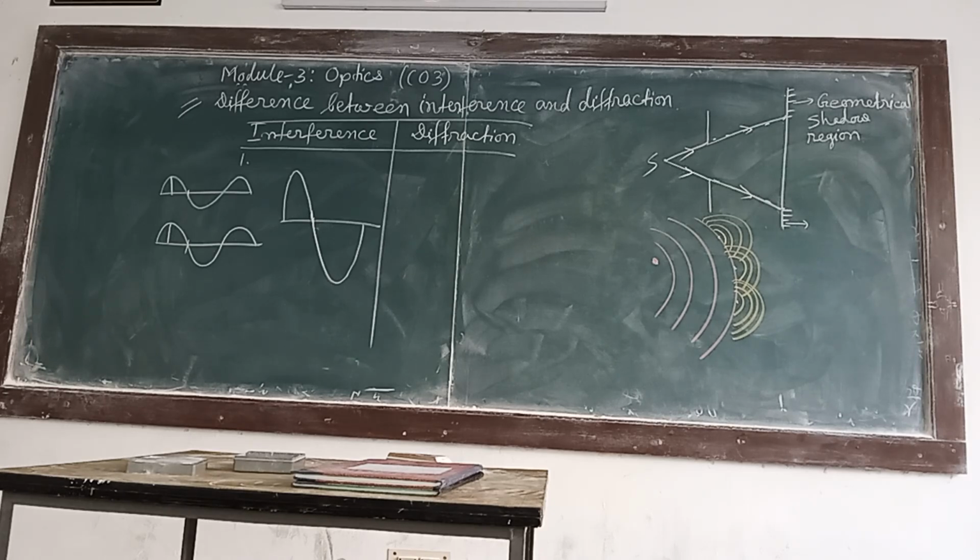Number 4, intensity. In interference, all bright fringes have the same intensity.